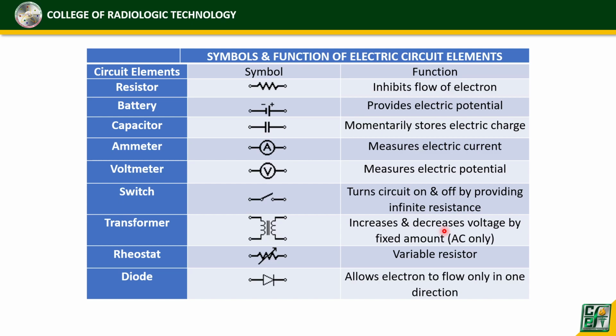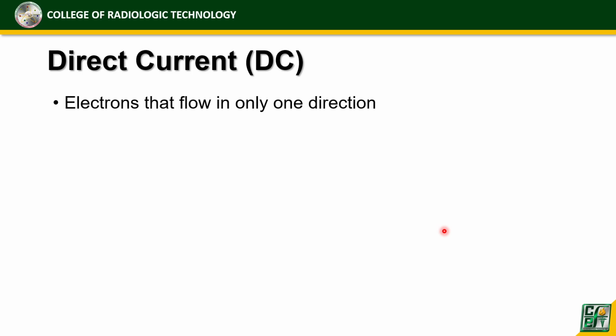Kasi nga merong AC and merong DC. Diba? Naalala niyo ba si AC and DC? Yan, si DC. DC or direct current, electrons that flow in only one direction. Okay. So before, karamihan ng mga appliances and power plants sa US ay direct current.